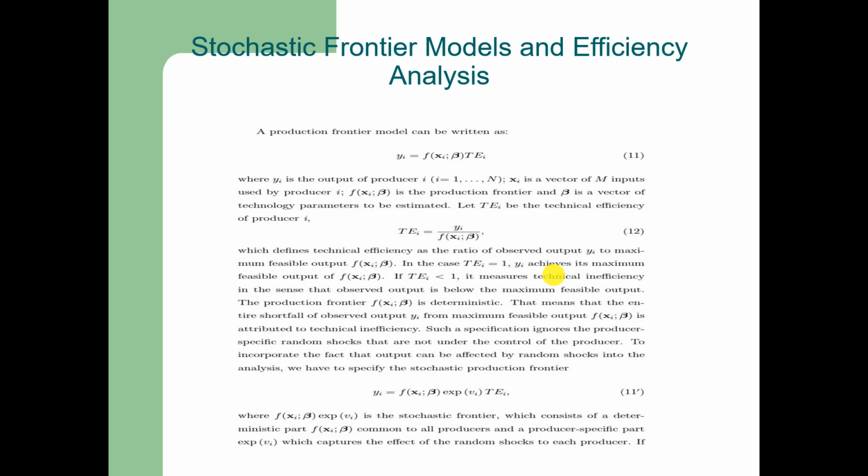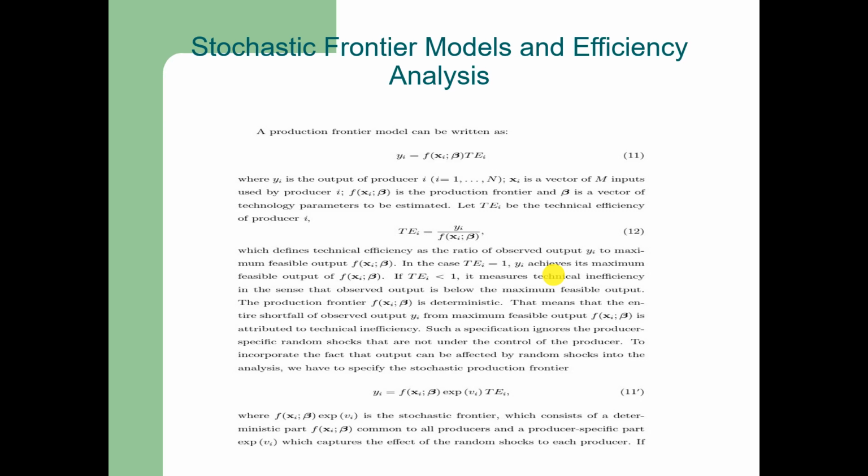If technical efficiency is equal to 1, the observed or the actual output yi is equal to the potential or the maximum feasible output of f of xi beta. If technical efficiency is less than 1, it means there is a technical inefficiency in the sense that the observed output is below the maximum feasible output. That is, the actual output yi is less than the optimal or the potential output.